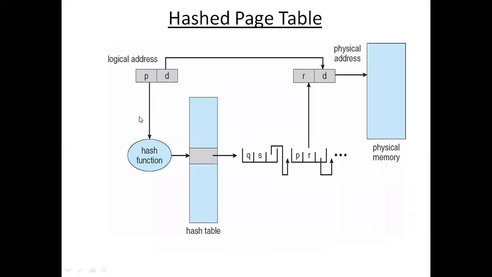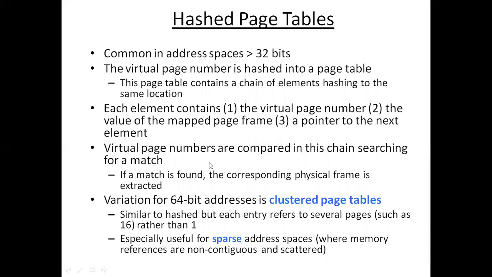So if a second page of the process comes, the page number is again mapped to the same thing. What if you have a large number of data, I mean logical addresses? In that case you can make use of the clustered page table, where each entry can look up to several pages rather than one page.